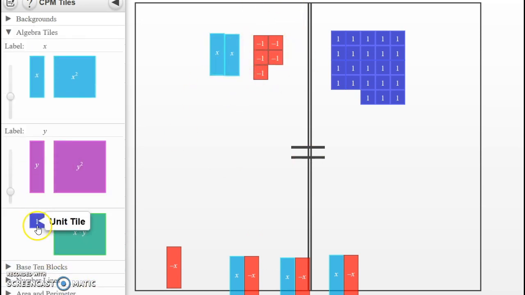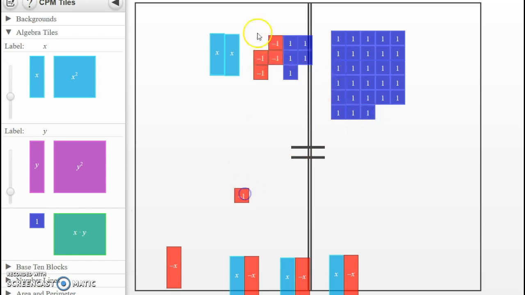So to do that, I need to add in a series of zeros here, right? So 1, 2, 3, 4, 5. And what we do to one side, we have to balance out the other side. 1, 2, 3, 4, and 5. So now I've created a bunch of zeros. So all of these now get to disappear.